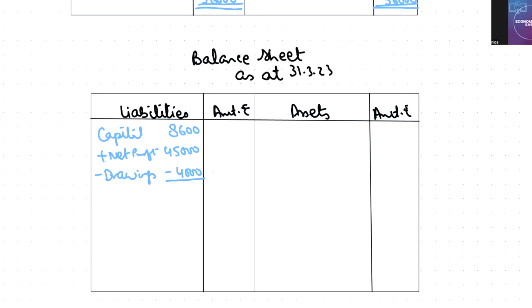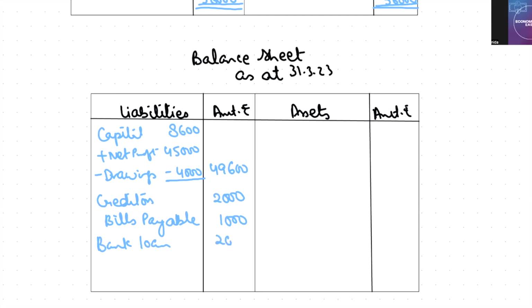You will get 49,600. Right? Then creditors 2,000. Then bills payable 1,000. And bank loan 2,000. Asset side here, bills receivable 800.